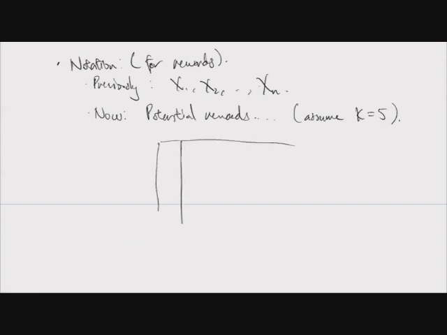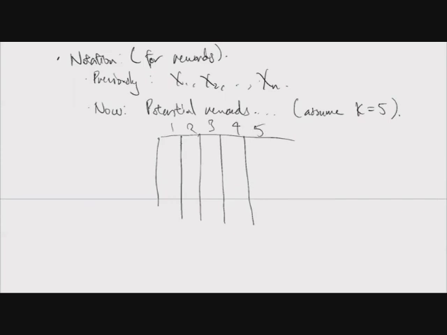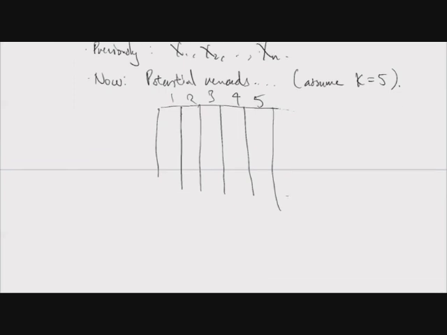So 1, 2, 3, 4, 5, one column for each arm. And then I'm going to have n rows, and so on and so forth.